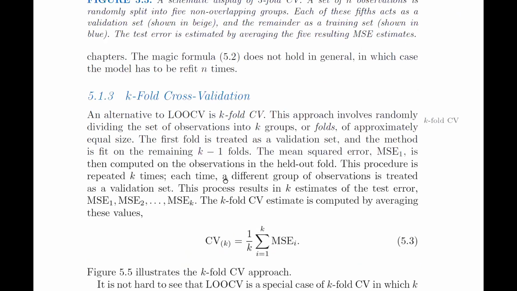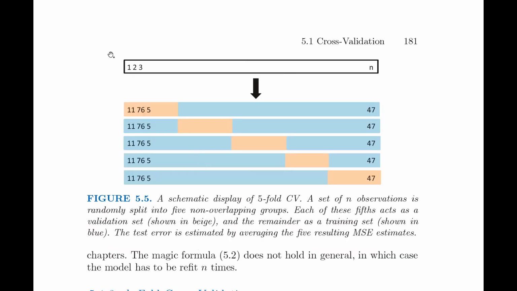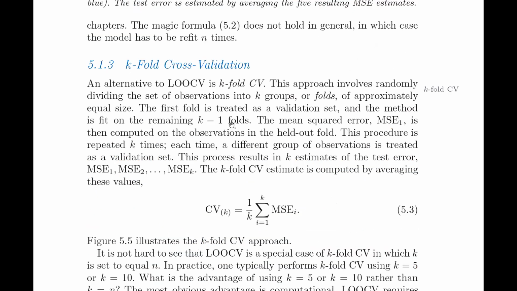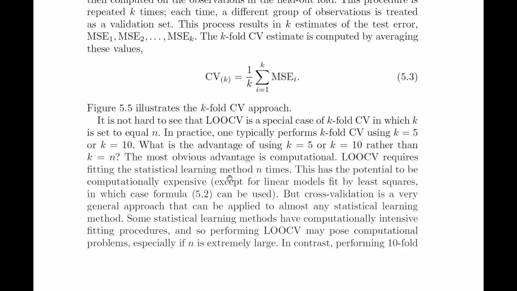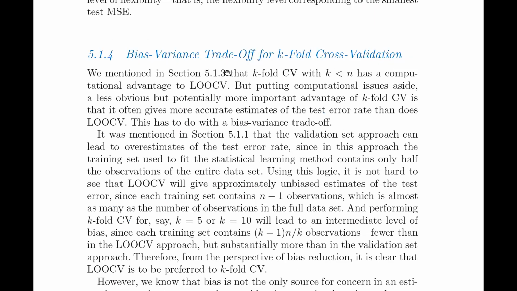So instead of, for instance, in the Auto dataset, having to perform 392 fits and calculate the validation mean squared error for each one, over here you're just doing it 5 times.